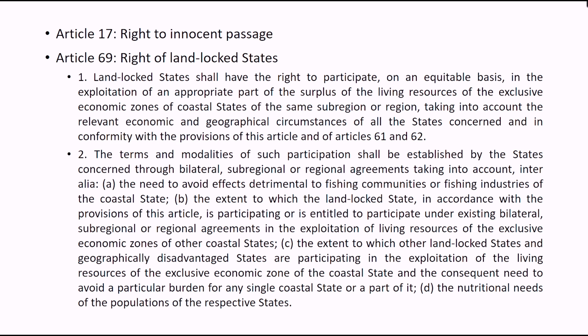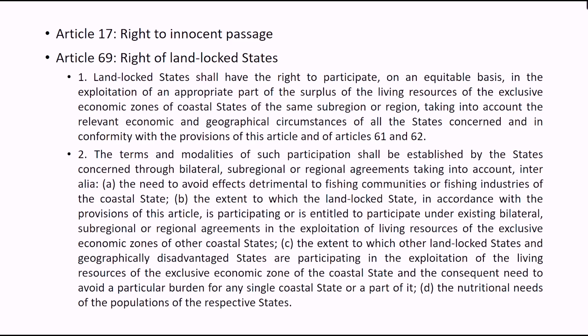So, if Nepal is a landlocked state, Bhutan is a landlocked state, it could use the sea by entering into bilateral agreements with China or with India or with Bangladesh or Myanmar. The need to avoid effects detrimental to fishing communities or fishing industries of the coastal state. The extent to which the landlocked state, in accordance with the provisions of this article, is participating or is entitled to participate under existing bilateral, sub-regional or regional agreements in the exploitation of living resources of the EEZ of coastal states.